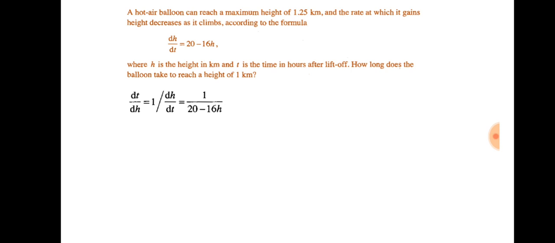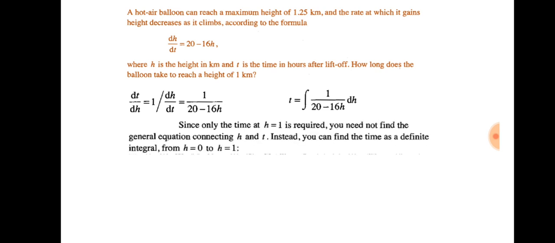dt over dh equals 1 over dh over dt, which is equal to 1 over 20 minus 16h. So t equals the integral of 1 over 20 minus 16h dh. Since only the time at h equals 1 is required, you need not find the general equation connecting h and t.